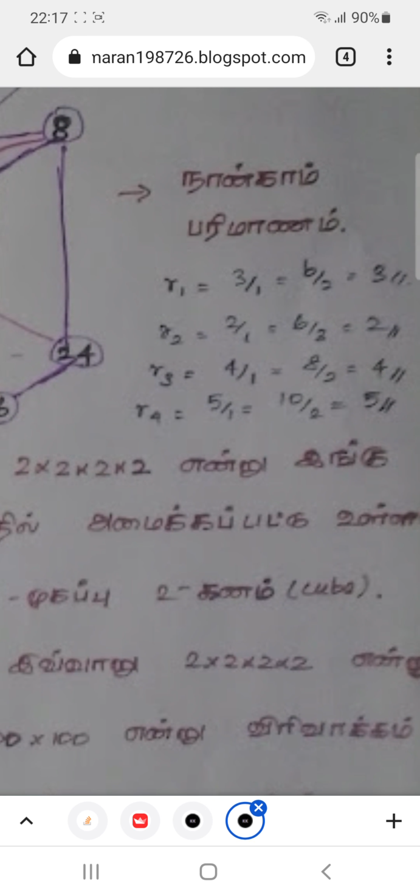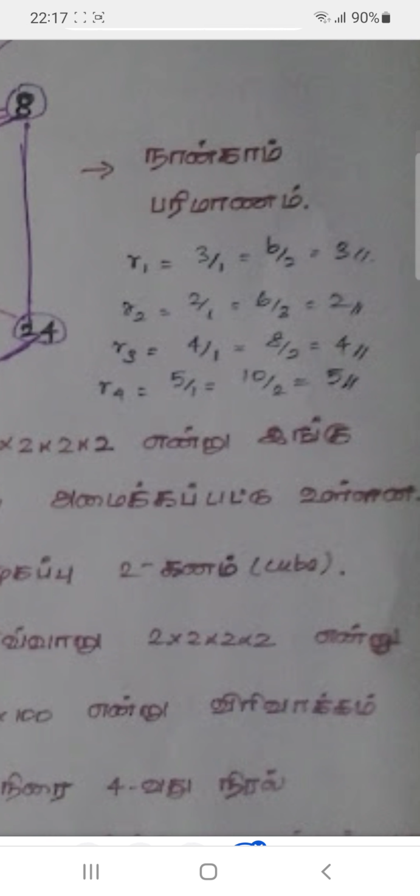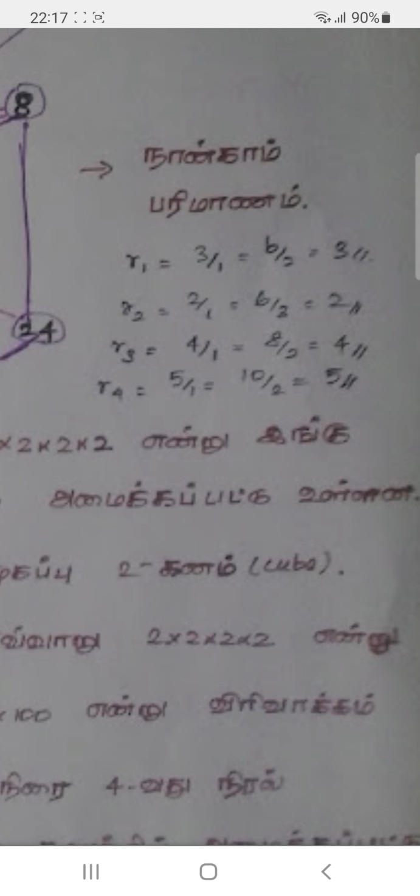So for this fourth dimension, the ratio of the first dimension is 3, which you can assume is the row ratio. Then r2 is the column ratio, which is 2. Then r3 is the phase ratio, which is 4. And finally the cubic ratio, from one cube to another cube, is 5.